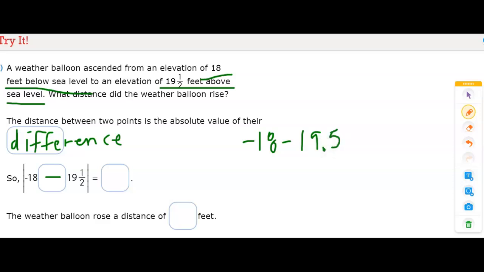And that will give us our answer of negative 37 and 5/10. And as a decimal, you could have written it as negative 37.5. So the weather balloon rose a distance of 37.5 feet.